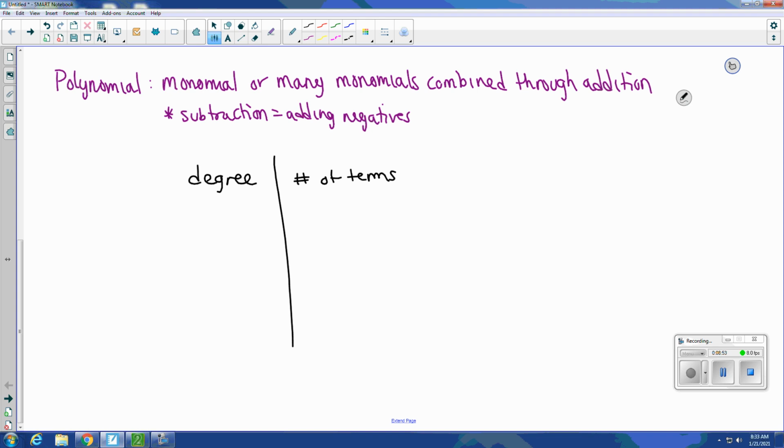What's also important to recognize is because the name is based on degree and number of terms, we need to know how to identify a degree of a polynomial, or that of a monomial, let's say. The degree for a monomial is equal to the sum of the exponents in that term.